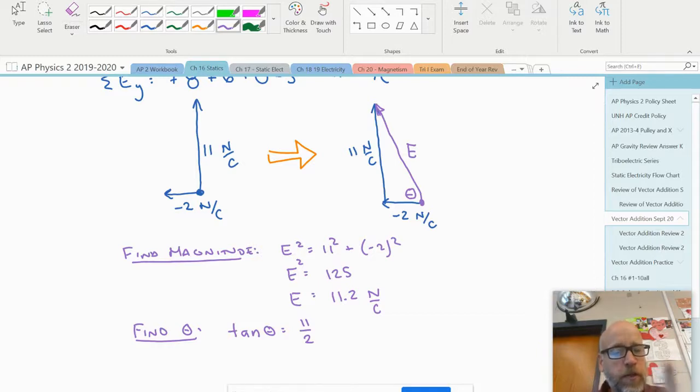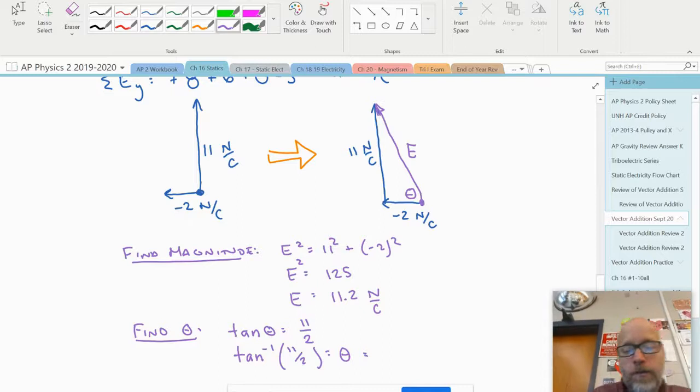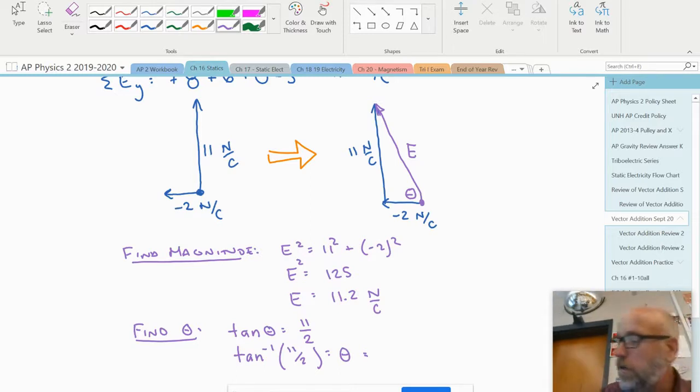That's just a triangle, 11 and 2. So I take the inverse tangent. Essentially, I ask my calculator, what angle would have a ratio of 11 over 2 for those two sides? And my calculator says, I'm going to round 79.7. I'm going to call it 80 degrees.